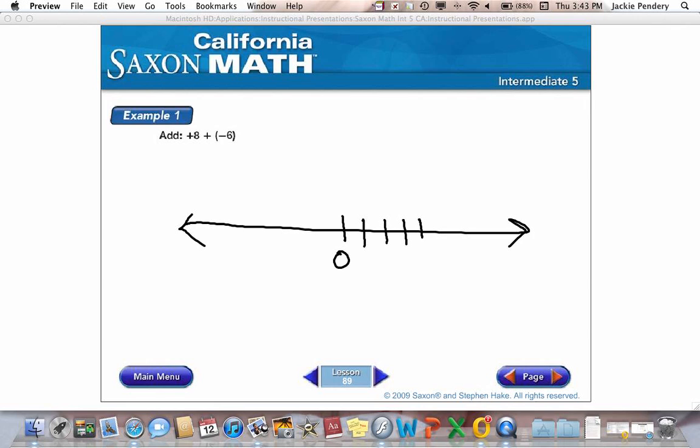All right, so we have 1, 2, 3, 4, 5, 6, 7, 8.